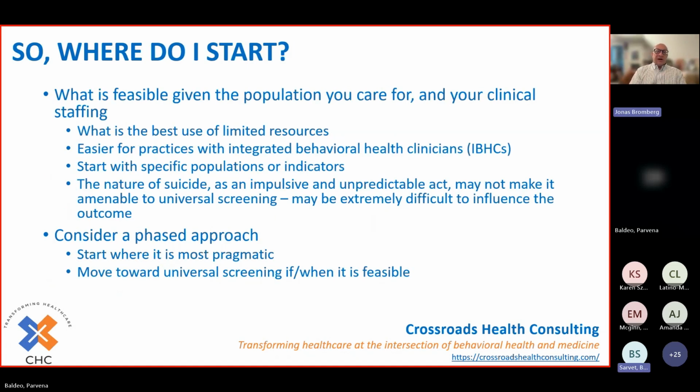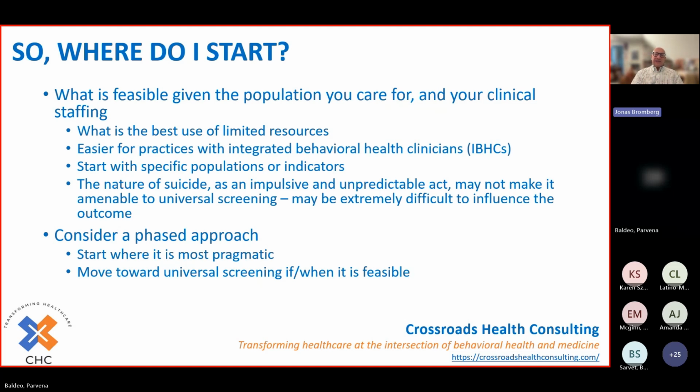So where do we start? And I think Dr. Dickstein talked about this last month. We want to start where it's feasible. We're all very busy in primary care, attending to a lot of different things. And so what's feasible? Consider what's feasible given the population that you care for and your clinical staffing.